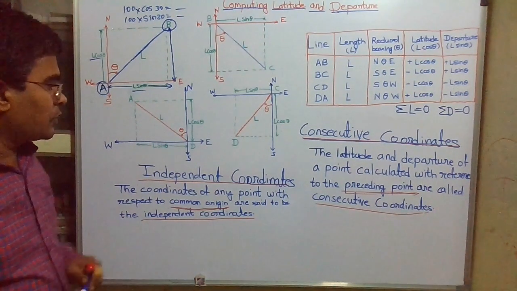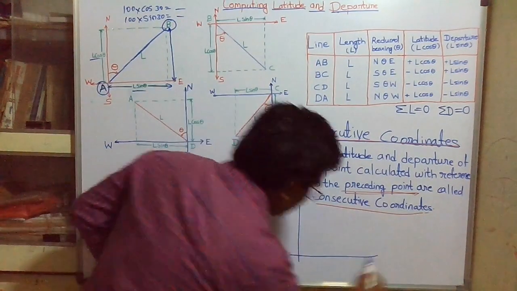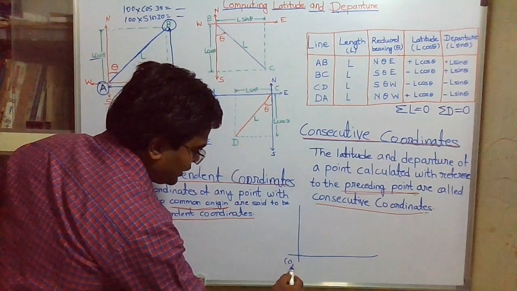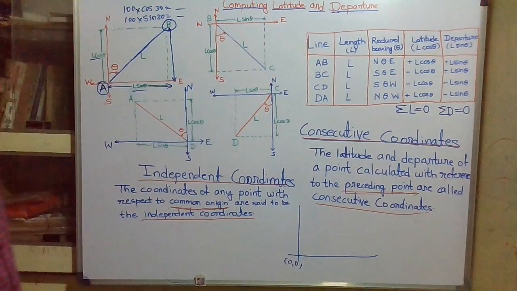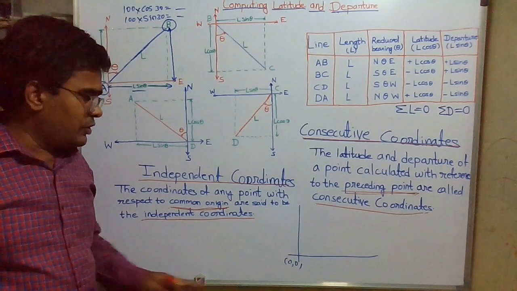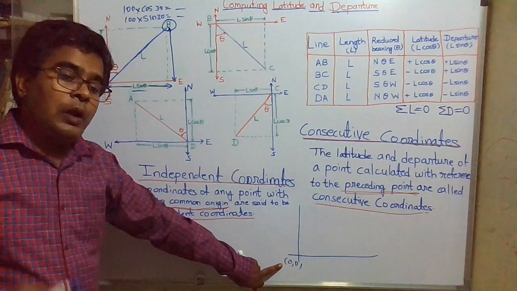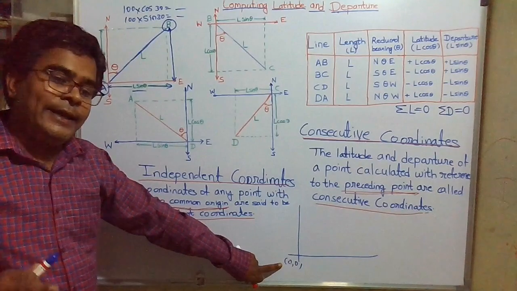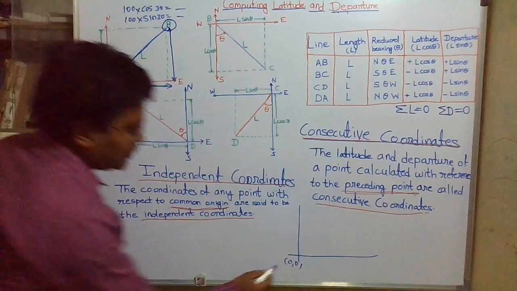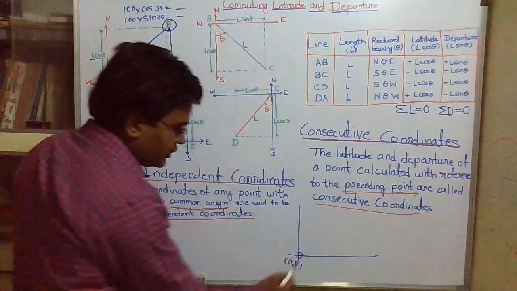Means in independent coordinates, we are going to consider one common origin. Let it be 0 0, or it may be 100 100, or 200 200. We can take any common origin. Here we are going to take one common origin, and we are going to convert the latitude and departure of each point with reference to this common origin.